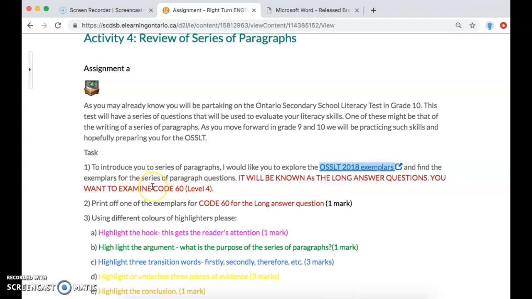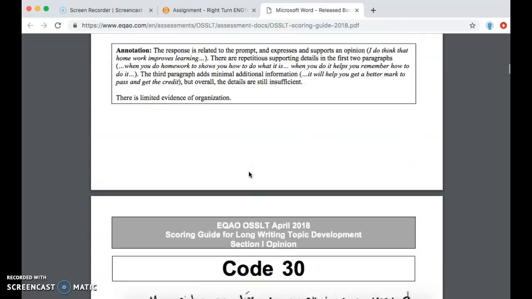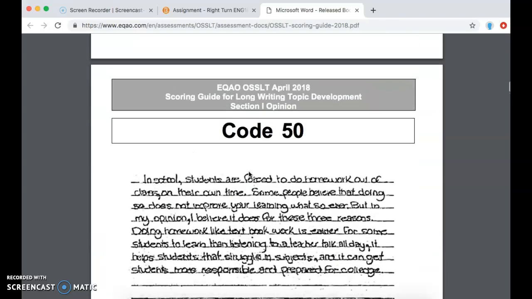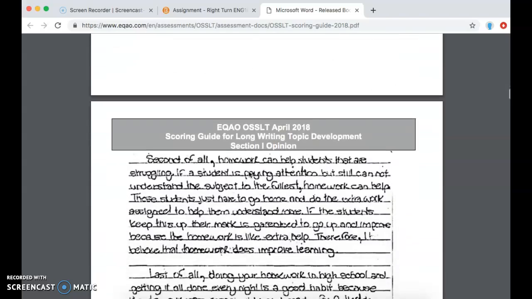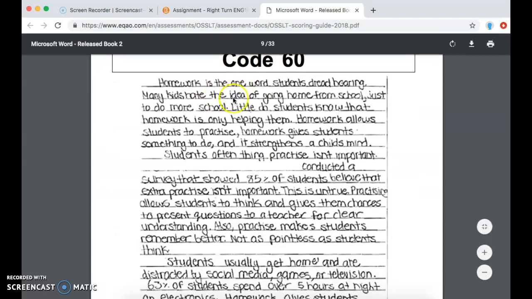Code 60 is the highest level you can get on these long answer questions. I will scroll right down to where the code 60 is so I can give you an idea of what you're looking for, and I think it's page 9 if I remember correctly because I printed it for you. Yes, okay, so code 50 is page 8, so page 9 would be code 60.